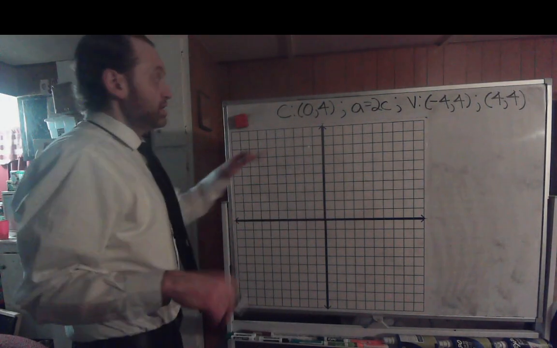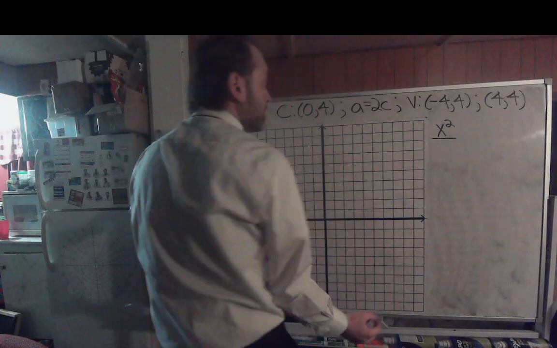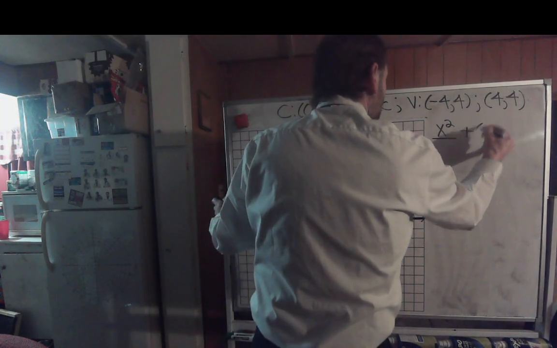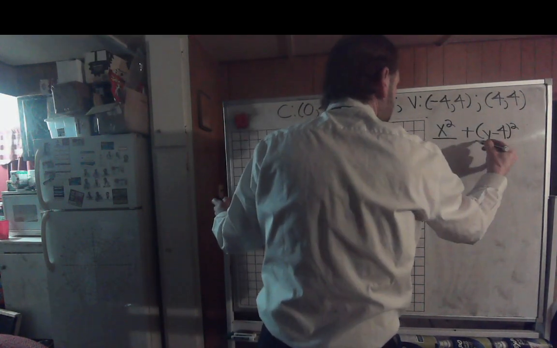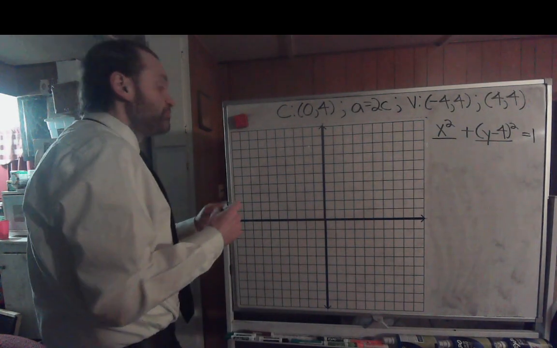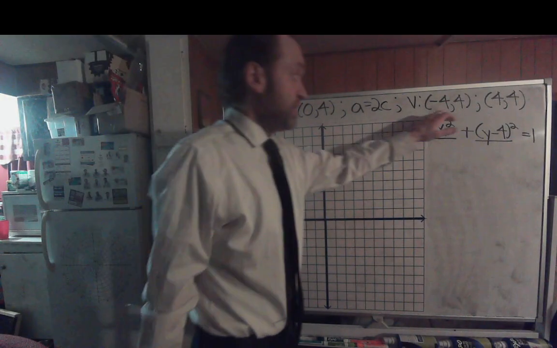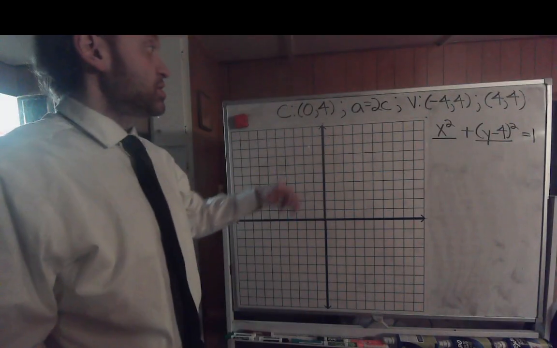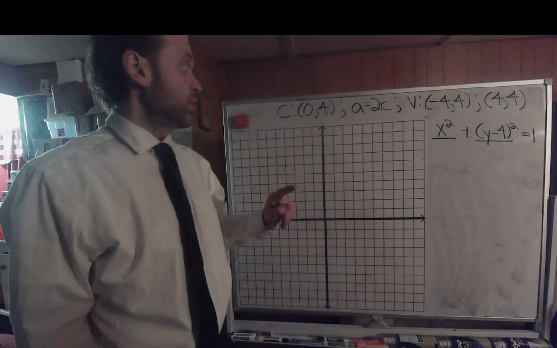Okay. Let's start out with your center. Well, this would take the form of x squared over some number plus y minus 4 squared over some number equals 1, right? That's the start of it. Now, the vertex always denotes your major axis. So from that center of 0, 4 to negative 4, 4, that's a change of 4 units.